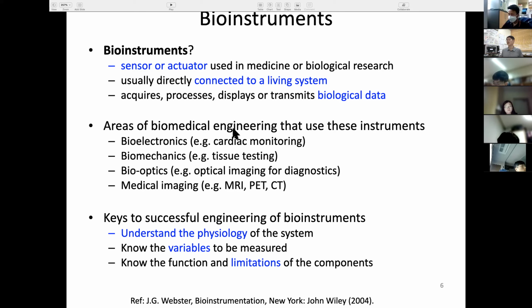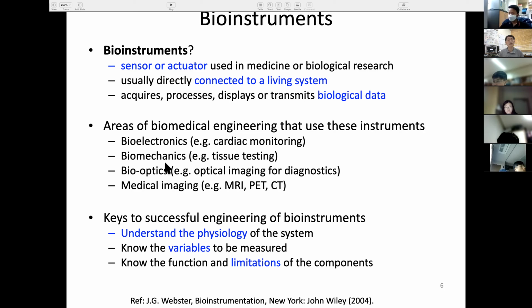And in biomedical engineering, some of the areas developing these instruments include bioelectronics. You know electrical engineering and electronics, and when it's bio, for example, we are dealing with biological electrical signals, for example, cardiac monitoring. You remember ECG, electrocardiogram, and those can be related to bioelectronics.